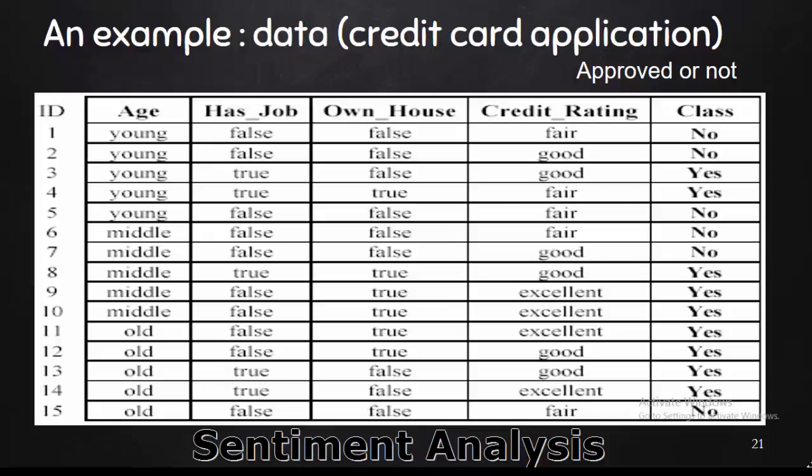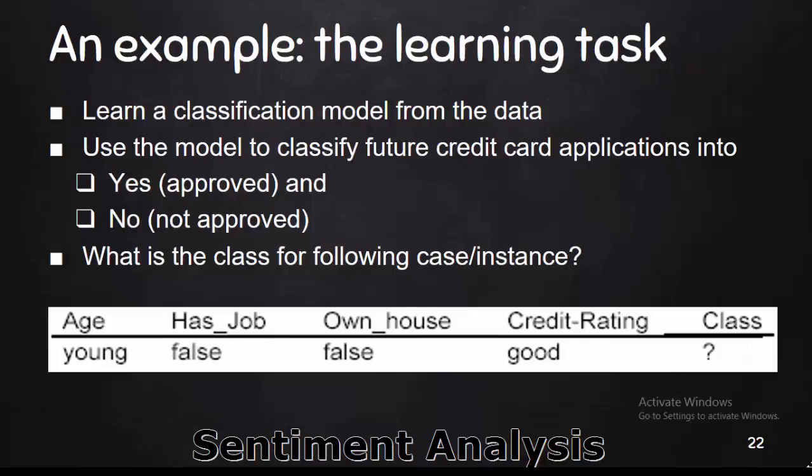These 15 applications have different classes, yes or no. So it will decide based on every attribute. The learning task is very important: use the model to classify future credit card applications into yes or no. It means approved or not.